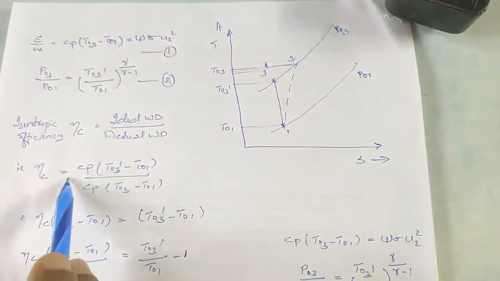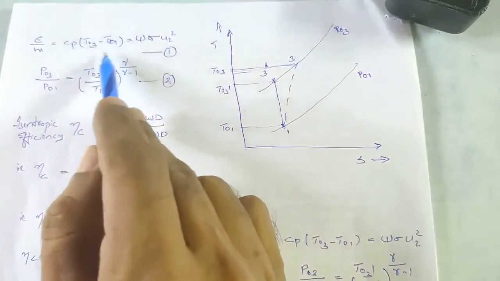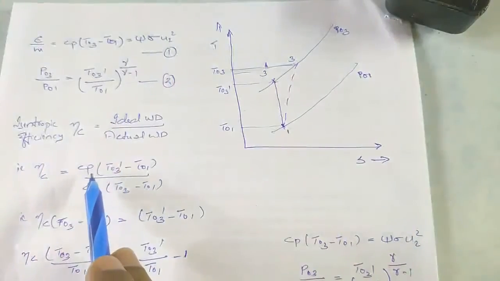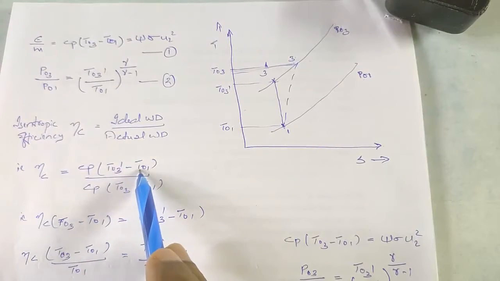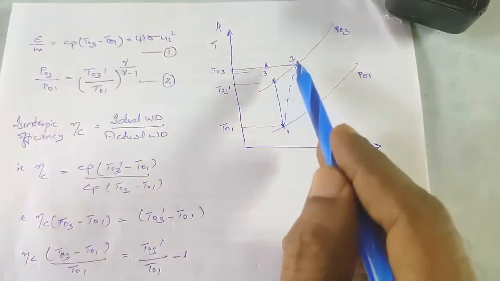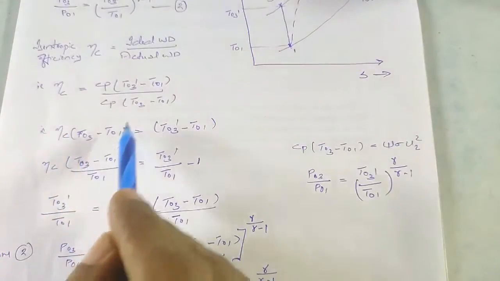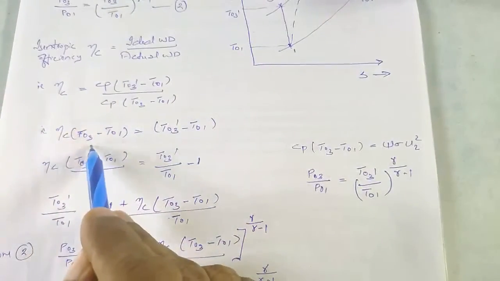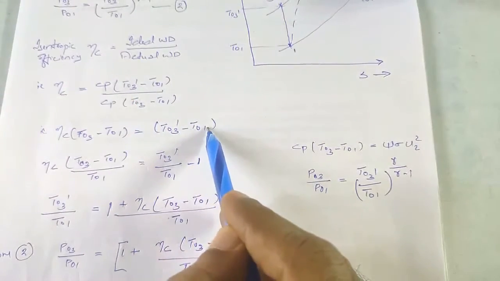So it will be equal to Cp into T03 dash minus T01 by actual work done, Cp into T03 minus T01. So eta C into T03 minus T01 will be equal to T03 dash minus T01.